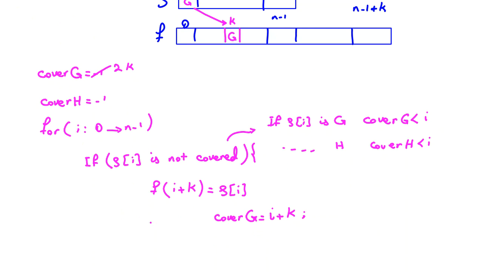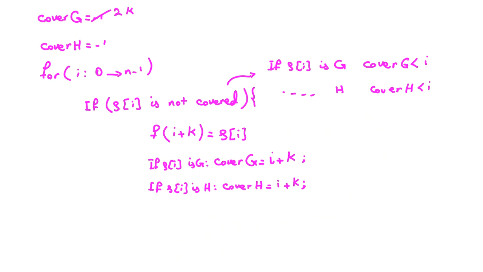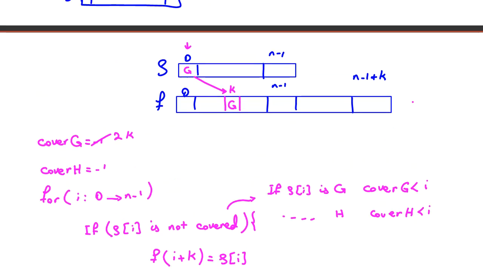You should check if SI is G. If SI is H, cover H will be I plus k. Okay? And then you update these things, and again you check and write all these things. Okay? And you fill F.